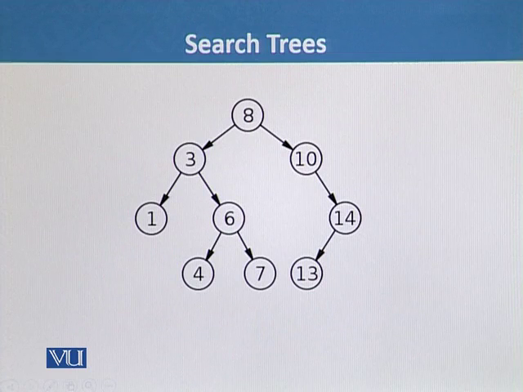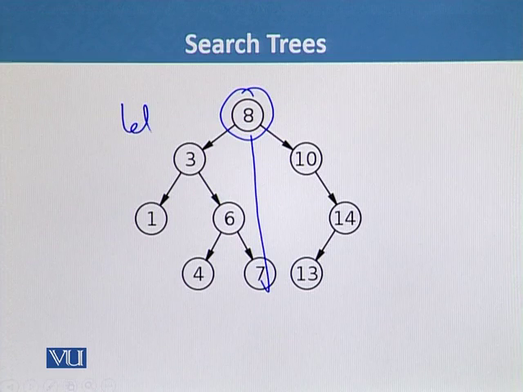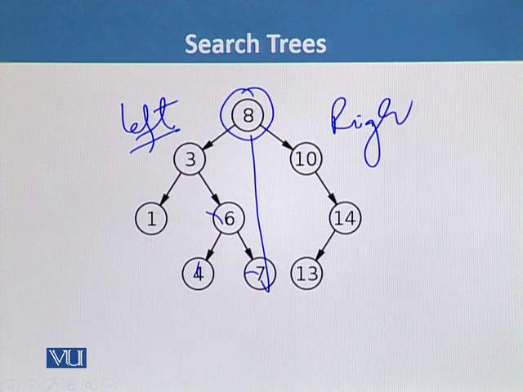Here it is very clear that this is a binary type of tree and this is the root. On the left side of this tree, all the subtrees and leaves have numbers less than 8, and on the right side, all trees, leaves and vertices have numbers greater than 8, which is the root.